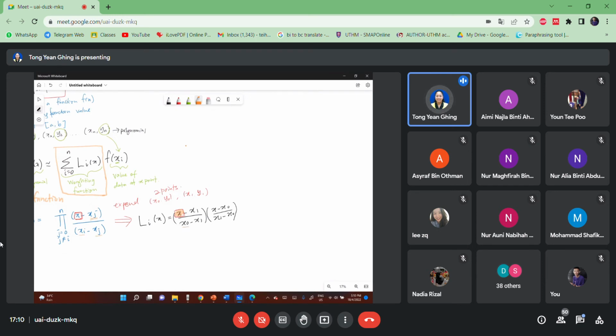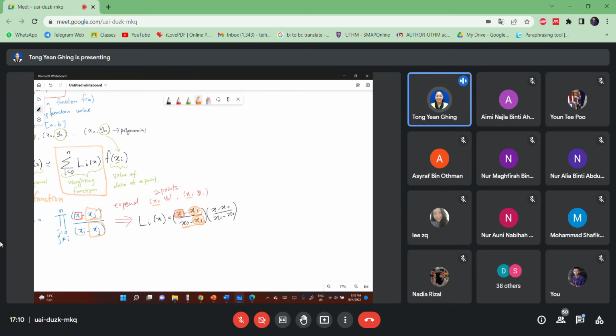Normally, let's say we have two data points, so we will start from x0. That means x0 minus the one beside its own, that means x1. These two will be the same. You look at here, xj.